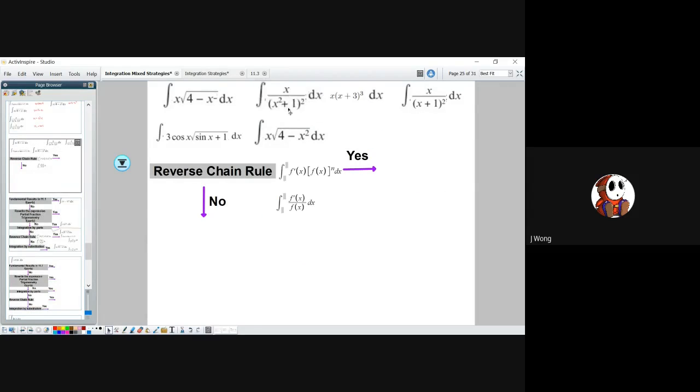And let's see which ones we could actually use it for. So again, the reverse chain rule form consists of f dash of x and f of x. One is in fraction form, one is in power form. So let's have a look at the powers first. So for the power, f of x is 4 minus x, and 4 minus x squared, and sine x plus 1.